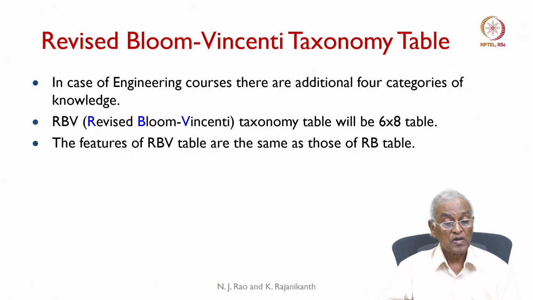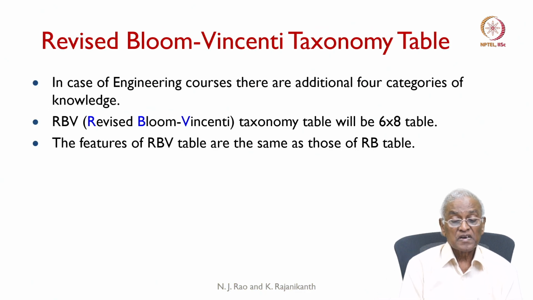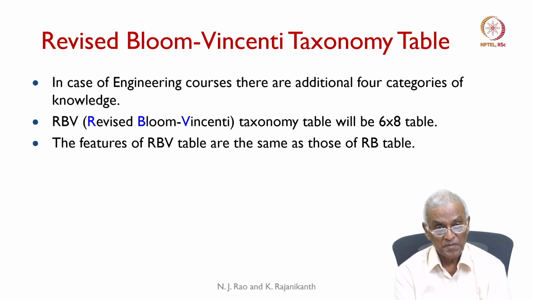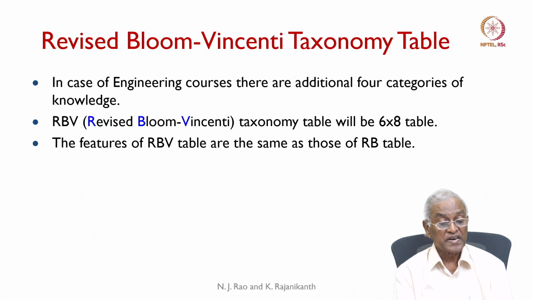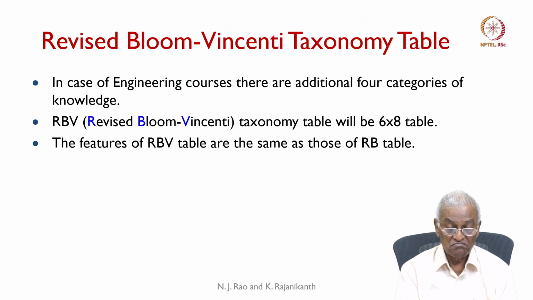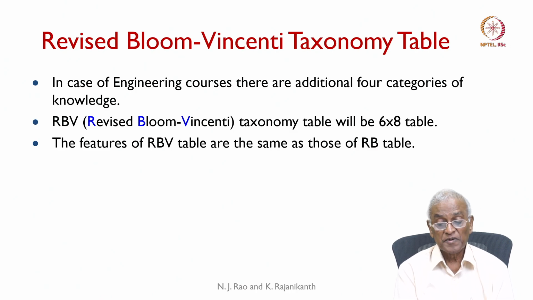Now we come to the next one, the revised Bloom-Vincenti taxonomy table. In the case of engineering courses, there are additional 4 categories of knowledge. We will call it the RBV taxonomy table.